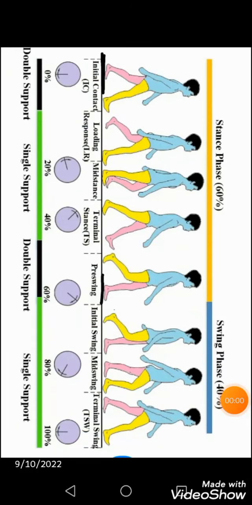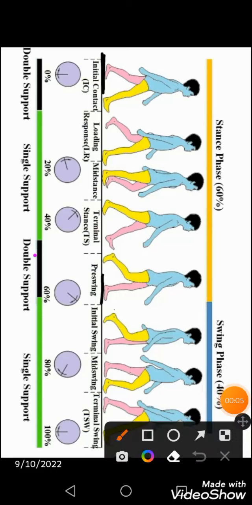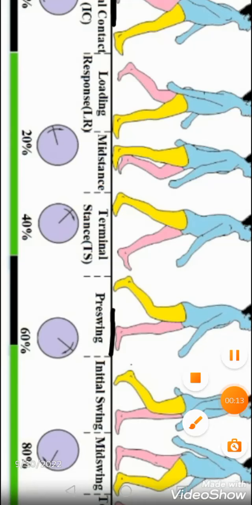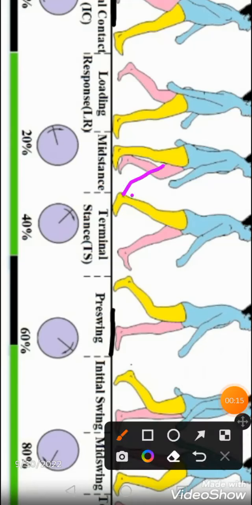Now see the terminal stance. Here, if you concentrate again on that leg, what you see is the heel taking off from the ground. We can say that all the mass is supposed to accelerate, and what is going to happen?